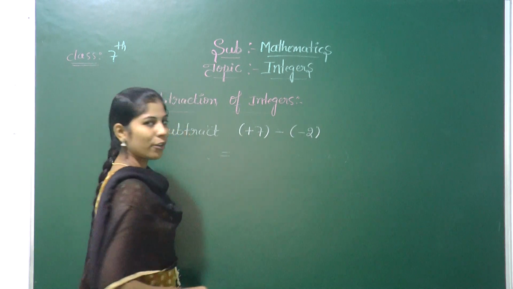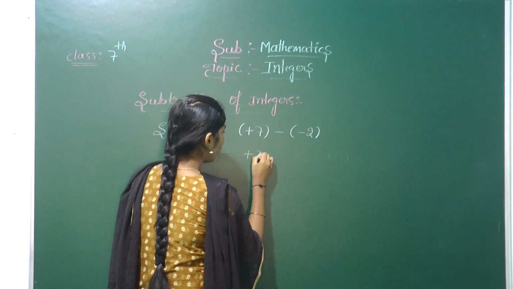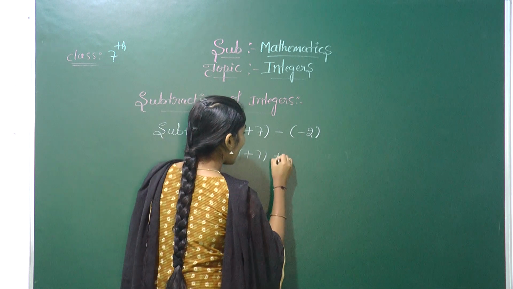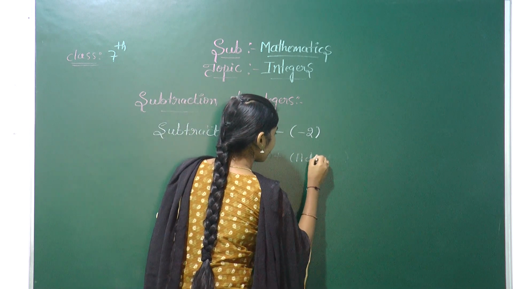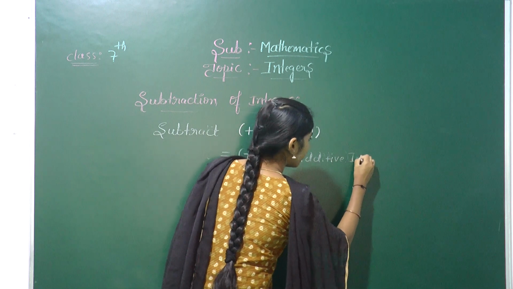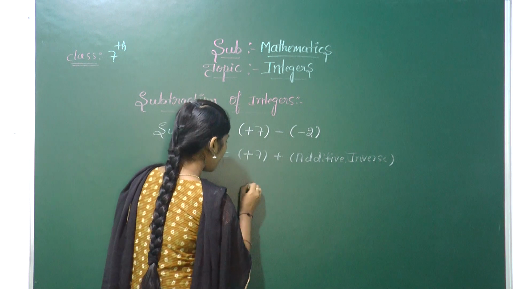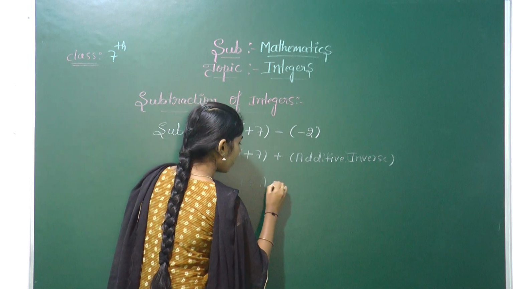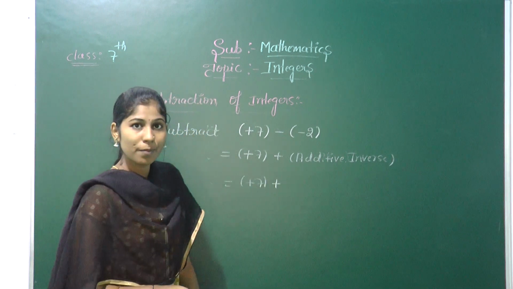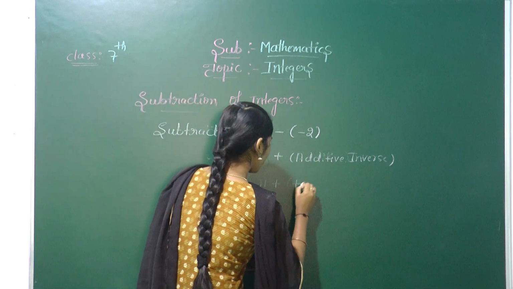So you have to use the additive inverse rule here. Add the additive inverse. Here plus 7. What is the additive inverse for minus 2? Plus 2, right? So here plus 2.